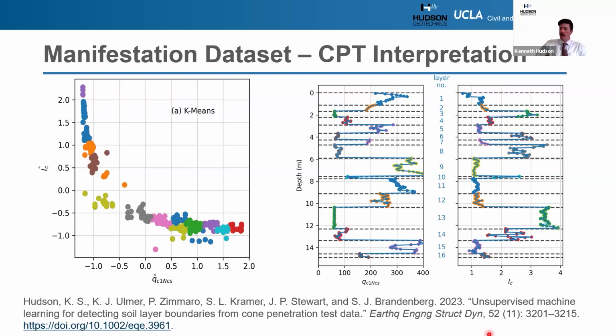This is published, and we have some Python scripts that anyone can use now that are openly available through our website. So you can also use these on your project if you want to do some layer discretization and use our models as well. Those are also included in the Python package if you want to predict your probability of manifestation, triggering, and susceptibility.